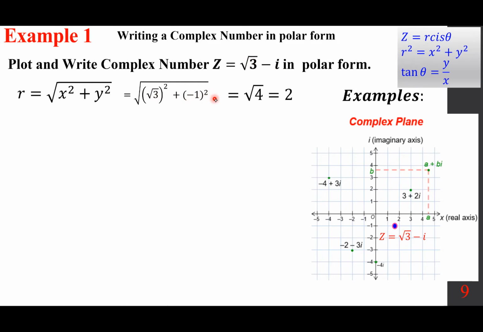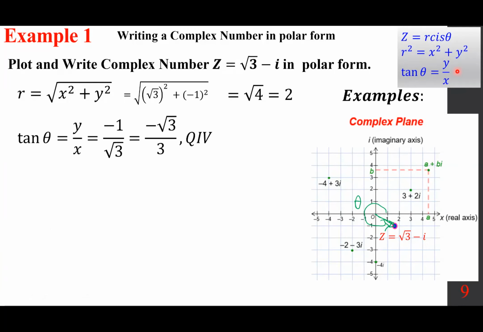So if we connect this, we want to find theta. You can see what we are looking for. Tangent theta is y over x, and it's negative square root of 3 over 3.